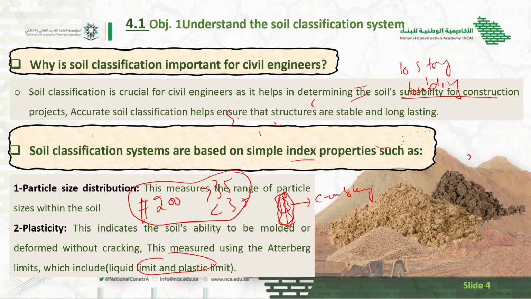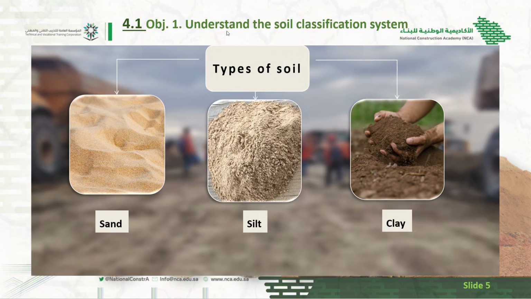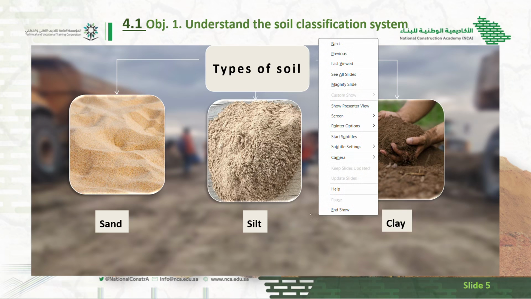So we can evaluate the AASHTO soil properties by particle size distribution and by plasticity. You can see in this slide the types of soils: sand, silt, and clay. Clay is the finest.